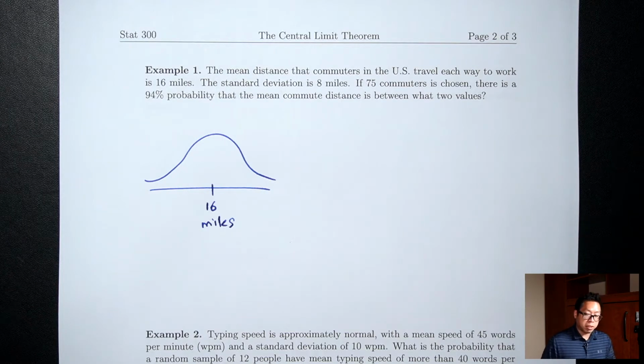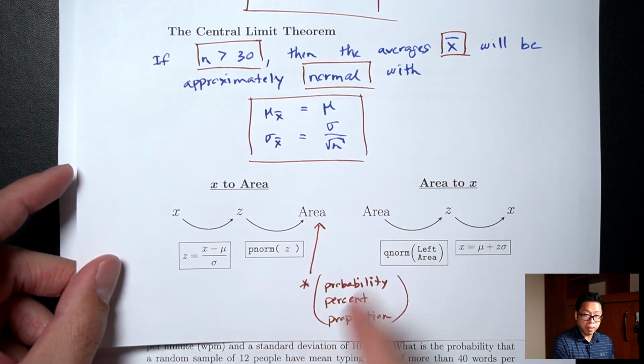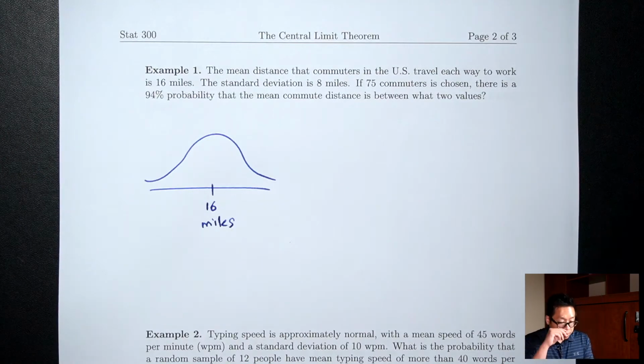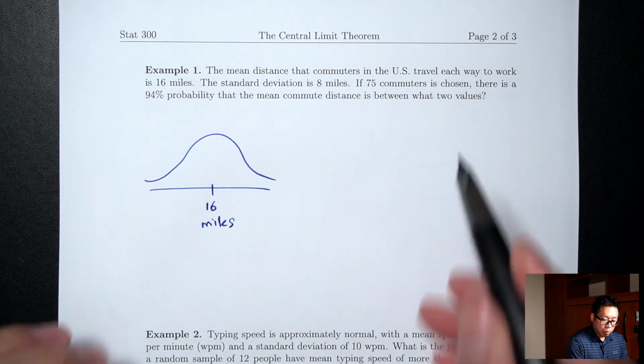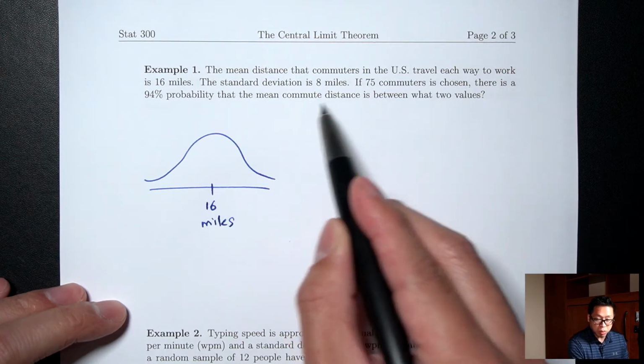The next thing I need to decide is whether this is an x to area or an area to x problem. So let's take a look at the last sentence there. If 75 commuters is chosen, there is a 94% probability that the mean commute distance is between what 2 values? So what do I want at the very end? I want 2 values. And this 2 values is referring to commute distance, right?